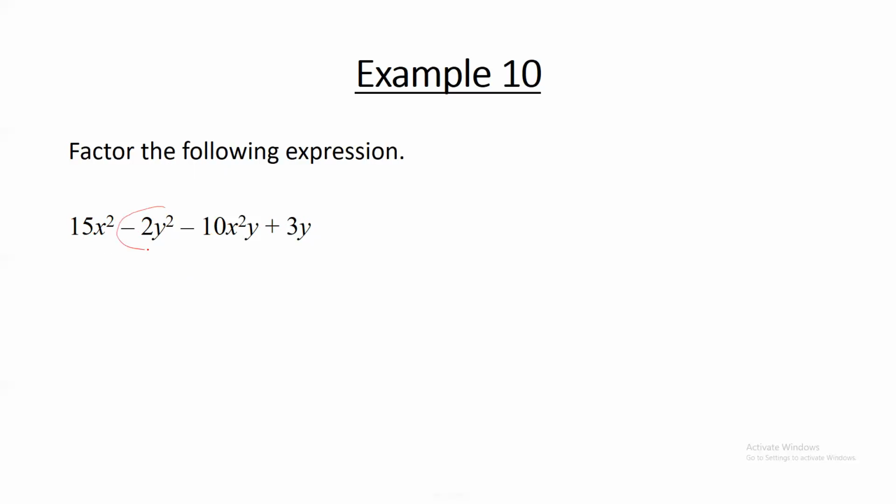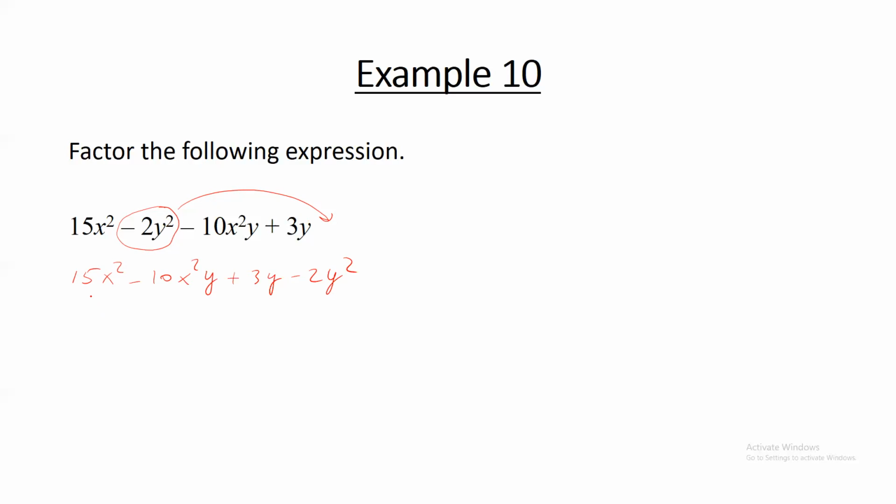Let's take the minus 2y squared. Let's move it all the way to the end so that it can be on the outside. Then we have 15x squared minus 10x squared y plus 3y minus 2y squared. We just take this 2y squared and move it to the end.